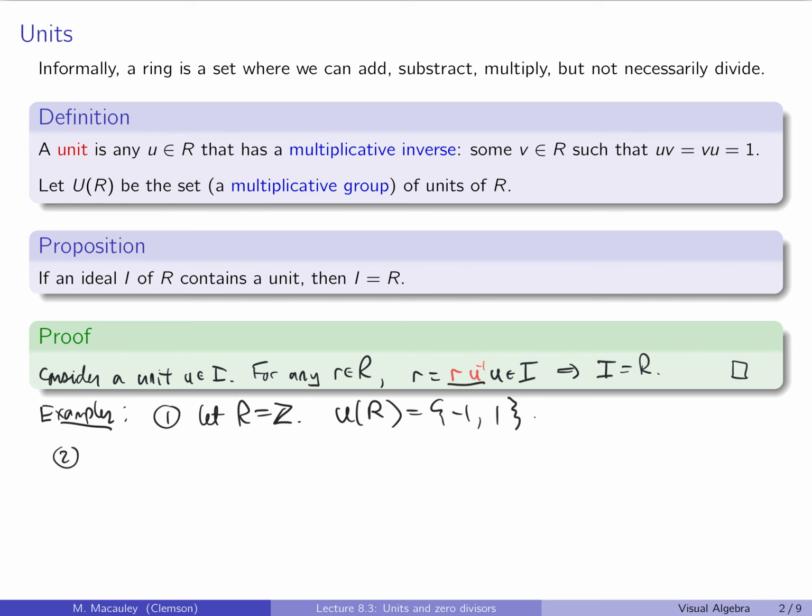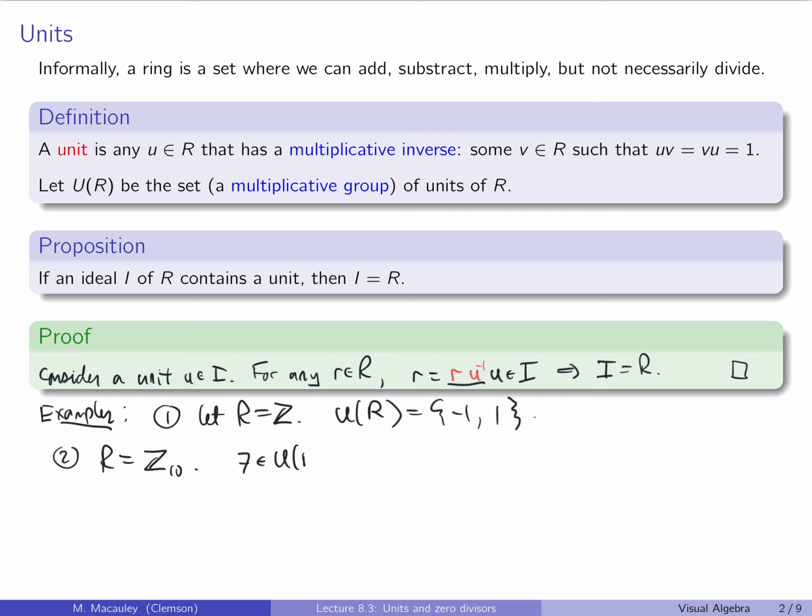Okay, example 2. What about R equals, let's say, Z10? So what sort of things in Z10 have multiplicative inverses? Well, I'll show you one and see if you can generalize this.